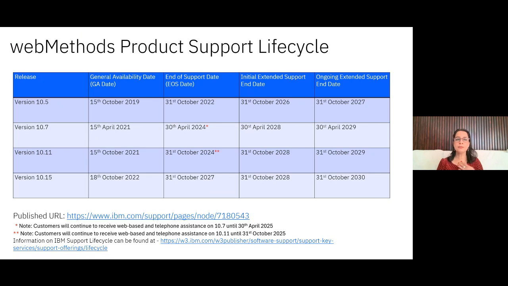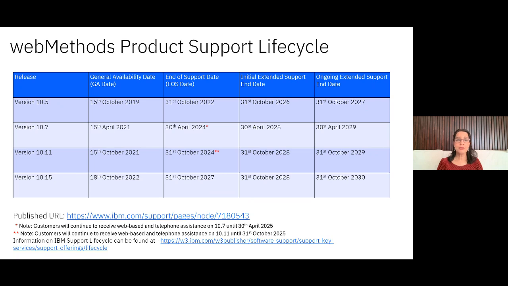However, for the ongoing extended support date, that is when you only get support for usage and existing fixes. We will not be creating any new security fixes during that 1 year period. This is sort of a hybrid model when it comes to the 10.5, 10.7, 10.11 versions.